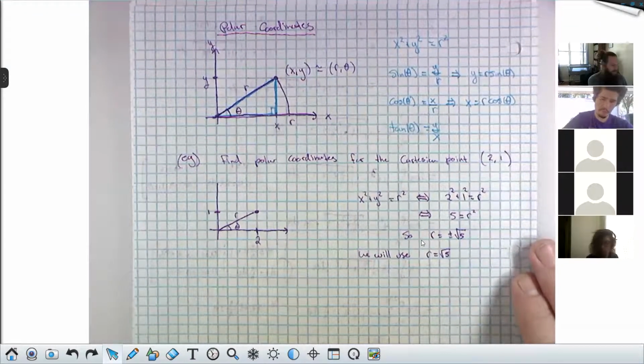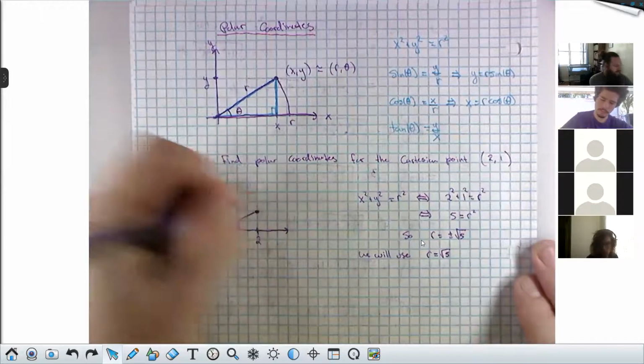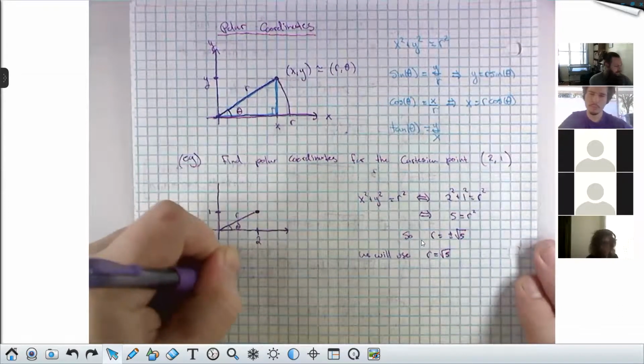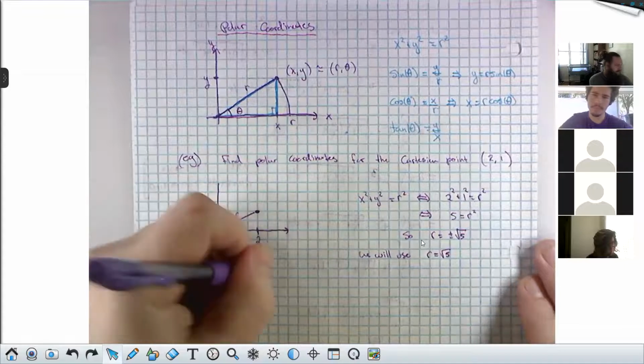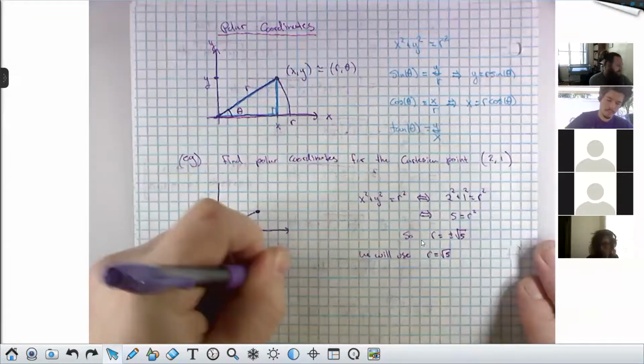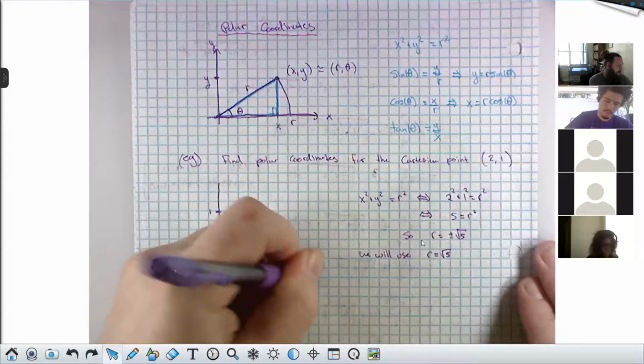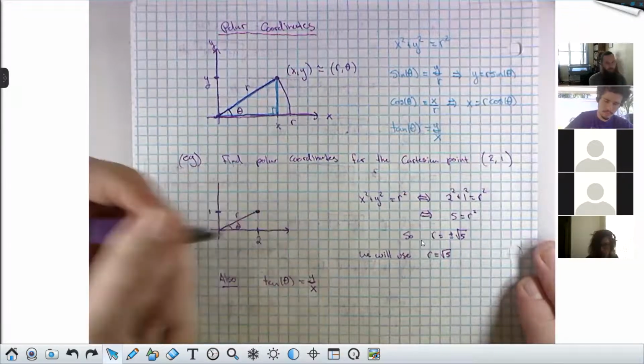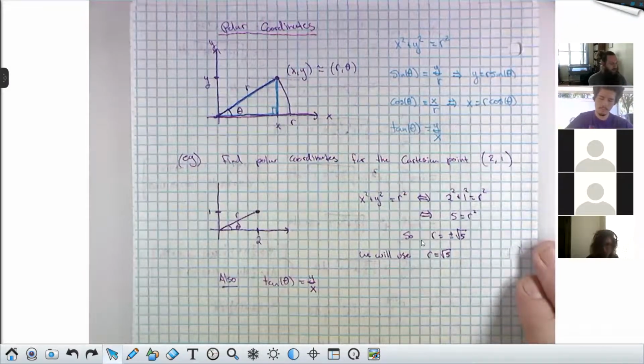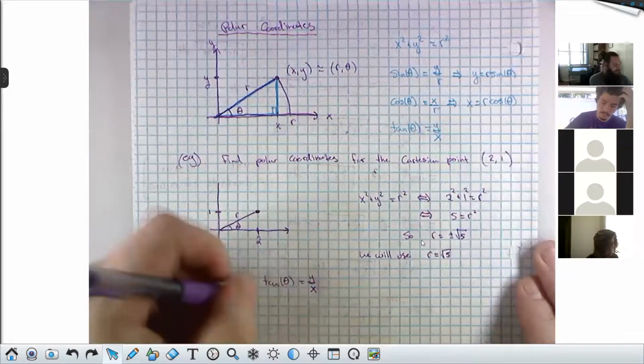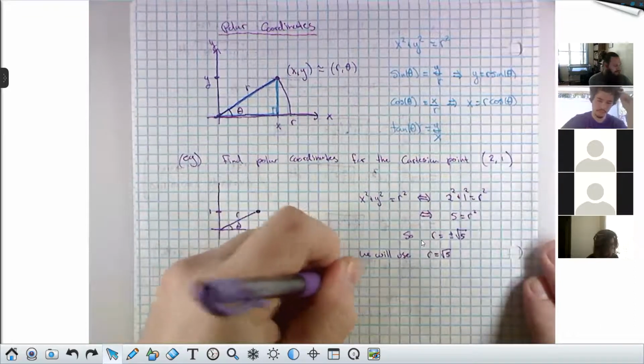What about the angle theta? Also, we know that the tangent of theta is equal to y over x. Well, y here is 1 and x here is 2. So the tangent of theta here is equal to 1/2.